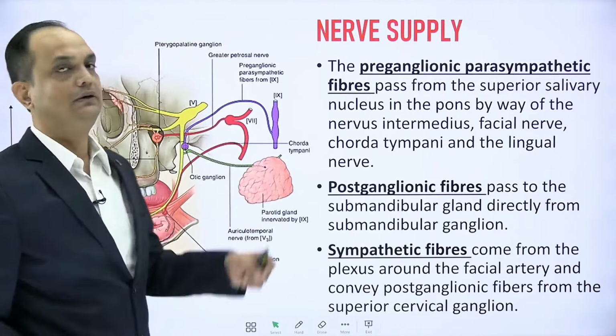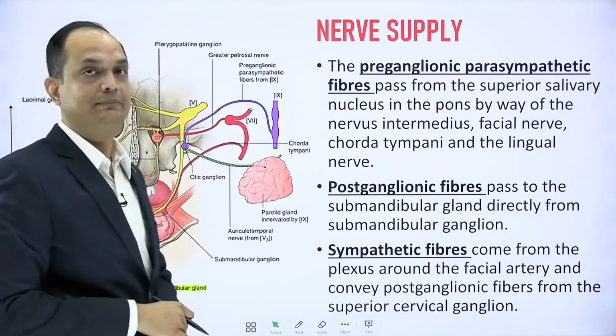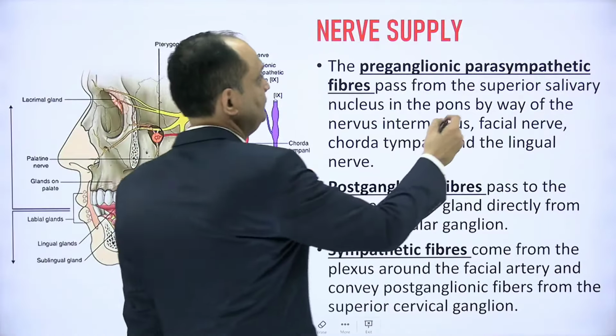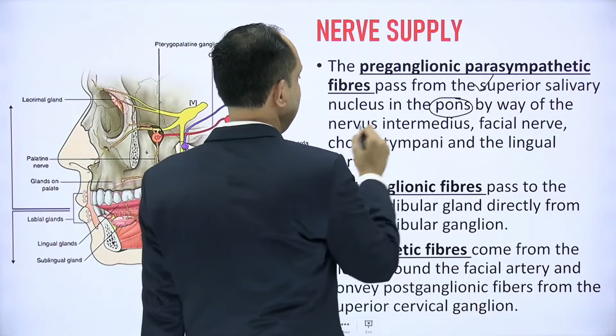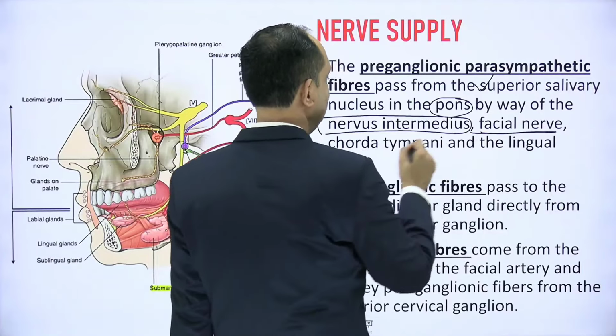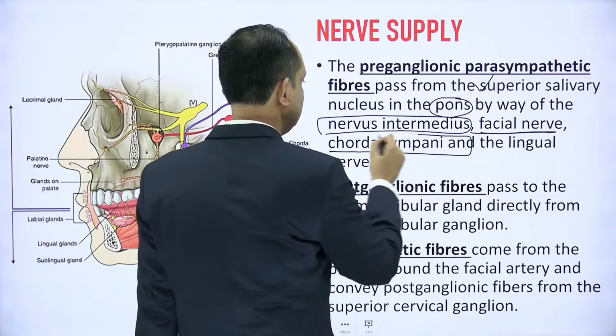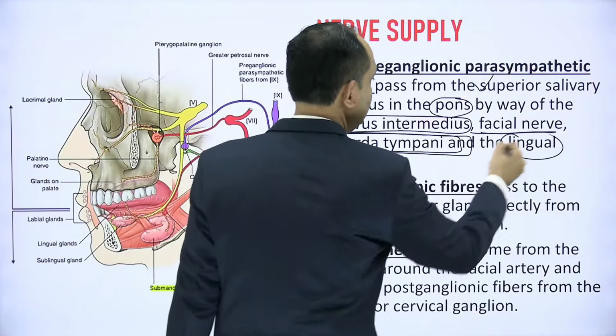Now, when you talk about the parasympathetic supply, the preganglionic parasympathetic fibers, you know that they come from the superior salivatory nucleus, which is present in the pons, then they join the nervus intermedius, then ultimately the facial nerve, which gives a branch known as the chorda tympani nerve in the middle ear. This chorda tympani will come out to join the lingual nerve.